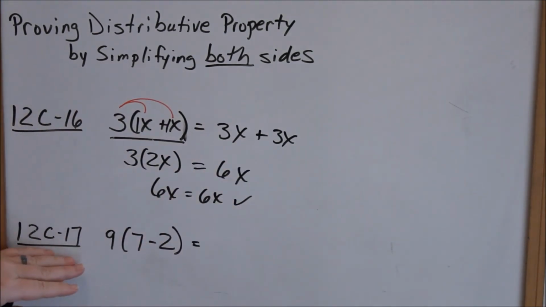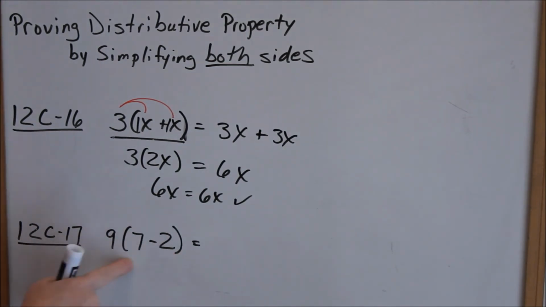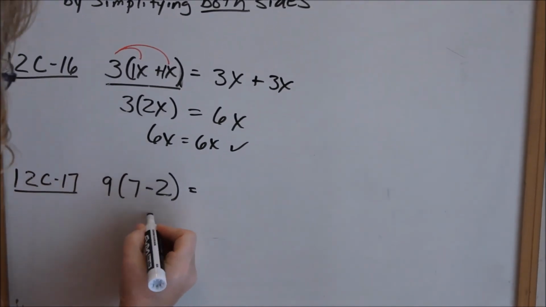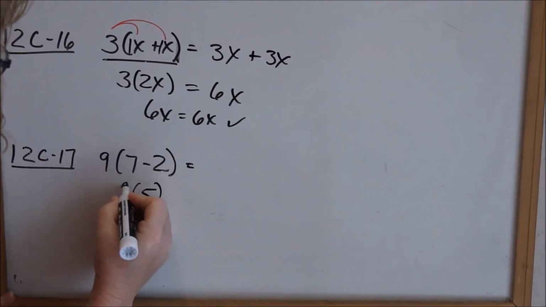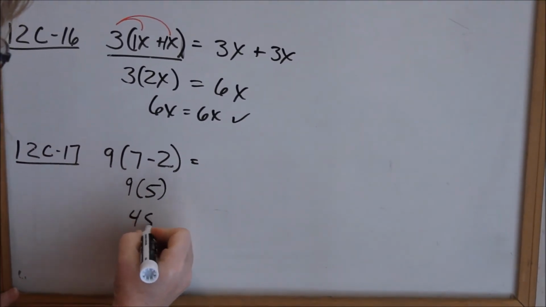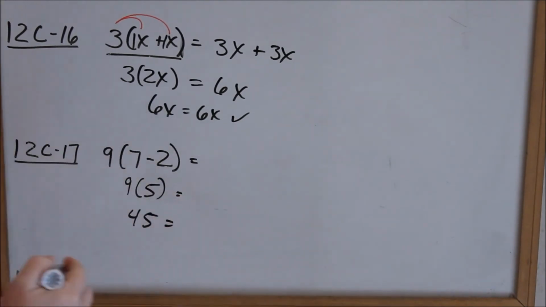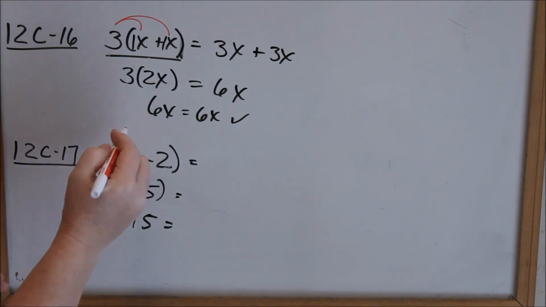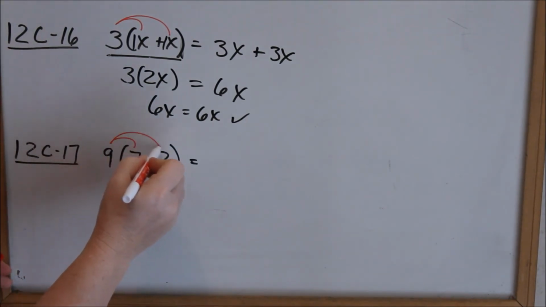Okay, let's do the same thing again on 12C17. So we can do this side first. Do the parentheses first. 7 minus 2 is 5. And then times 9, 45. Now we did all that first, and now let's prove the distributive property and show how it really does work.